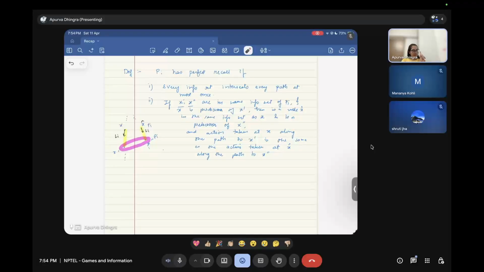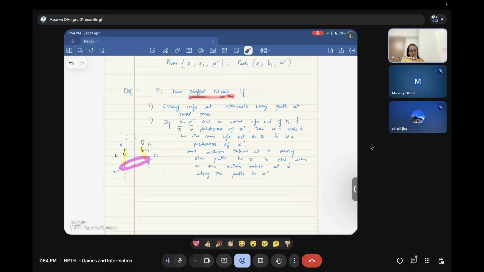They have not forgotten that they have even taken an action, and they remember what action they took, even if they're playing more than once. If they're playing once, that is easy. If they're playing more than once, they should remember what action they took in the history. That should not be forgotten at any point of time further on. If that much is satisfied, that is what is called perfect recall.